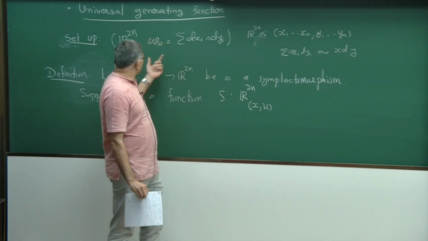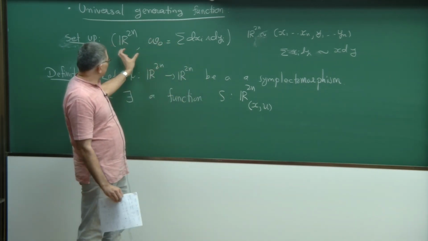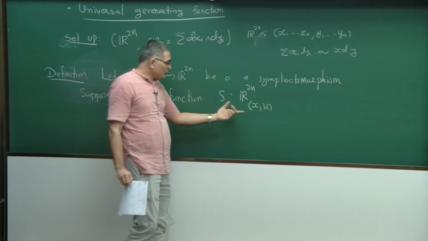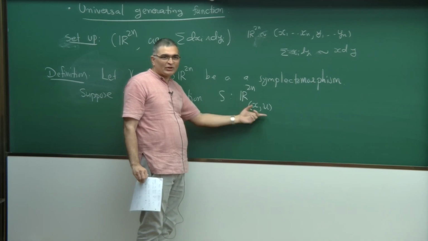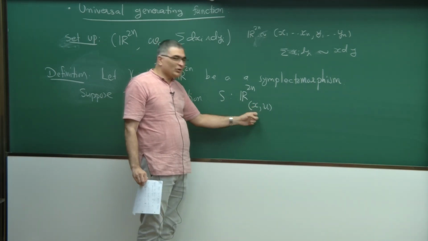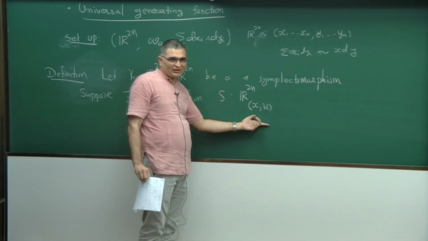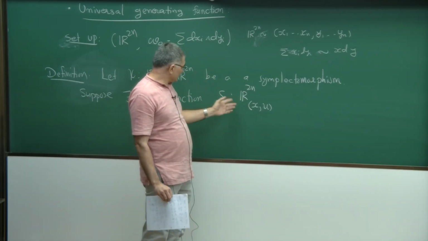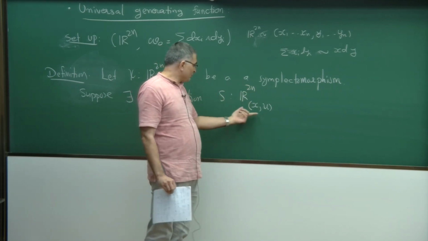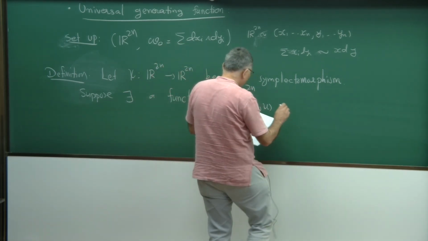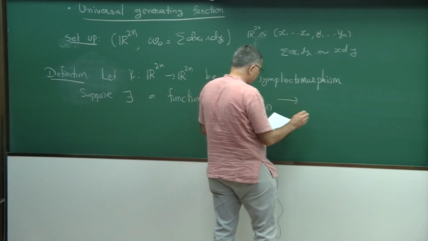So, it is confusing to call R2n with the same coordinates all the time. So, I am making new coordinates x comma u. I could have made u1 comma u2, but I will tell you why I am saying x comma u: the first coordinate I do not need to change. So, think of this as a function on R2n which has coordinates x comma u. That is just for convenience.